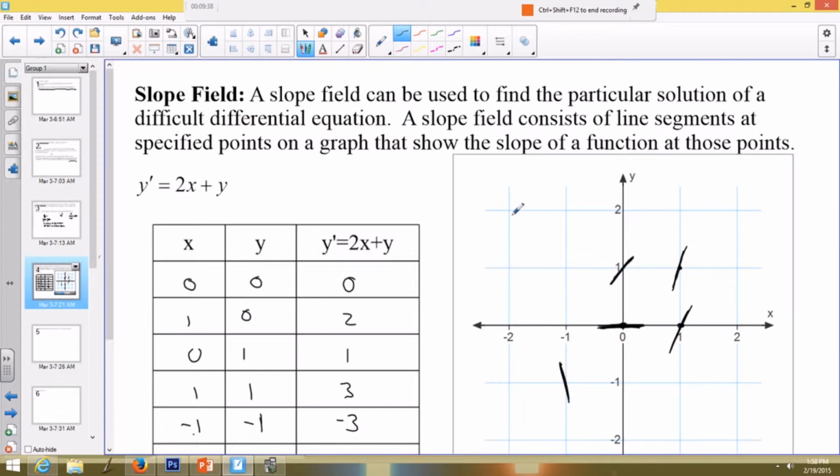If you go up 3, that's pretty close enough for government work. Now I only have 5 of the points in the slope field, and obviously a slope field pretty much does every vertex, but that's going to be good enough for at least this point.